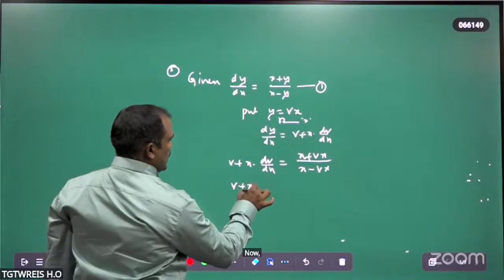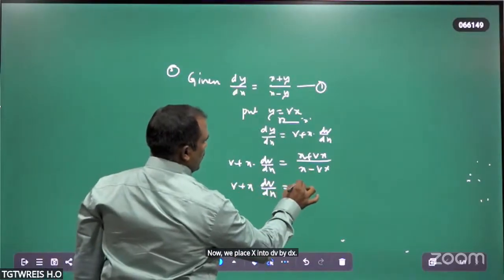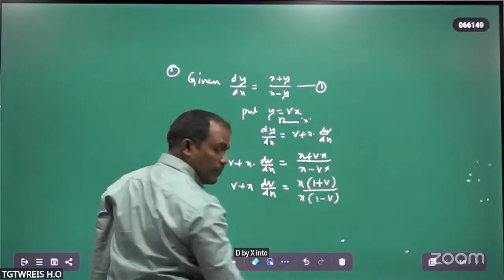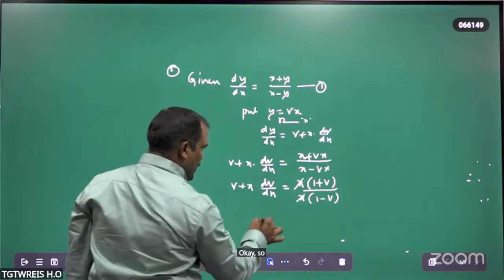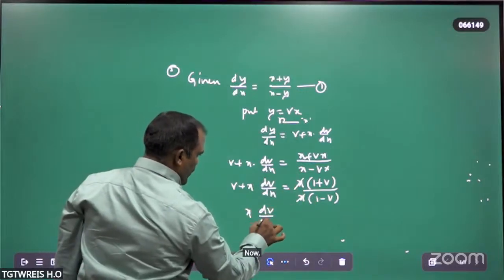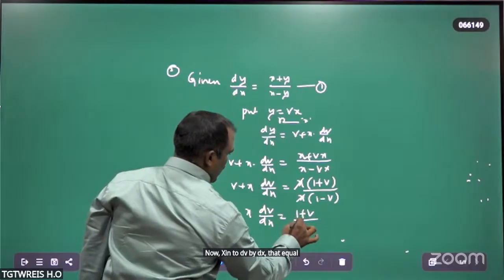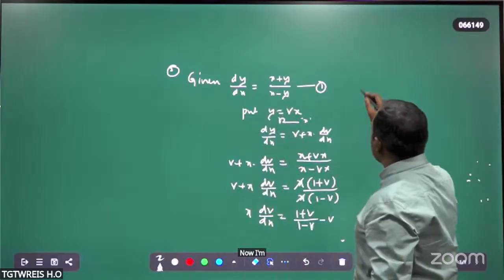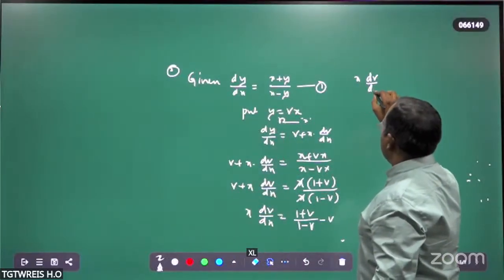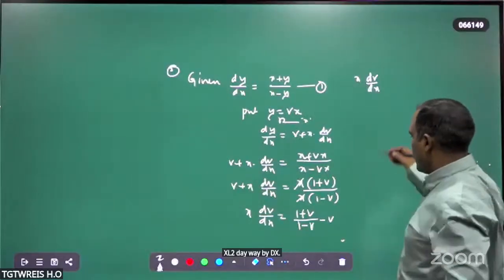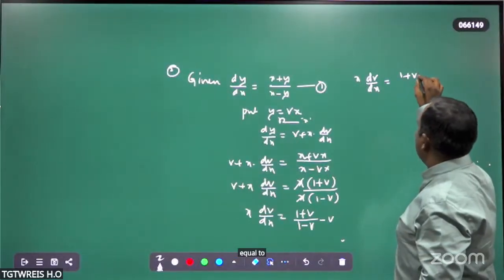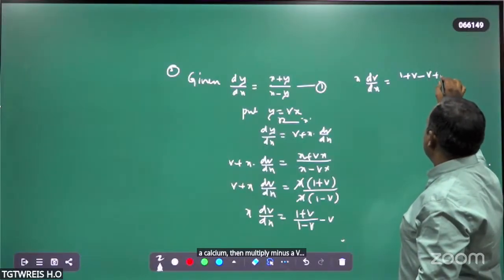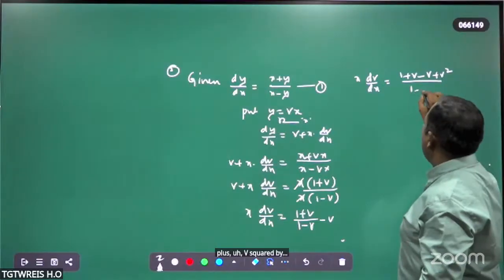Now v plus x into dv by dx equal to x taken common, 1 plus v by x into 1 minus v. Okay. So x is cancelled. Now x into dv by dx equal to 1 plus v by 1 minus v, minus v. Now x into dv by dx equal to 1 plus v, taking LCM and multiplying, minus v plus v square by 1 minus v.